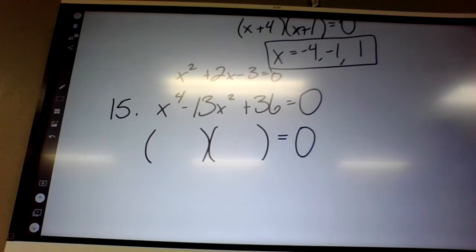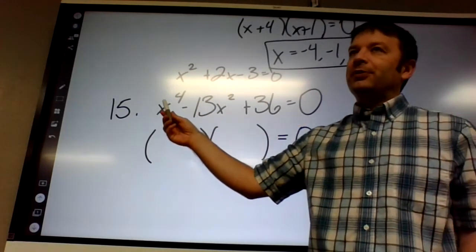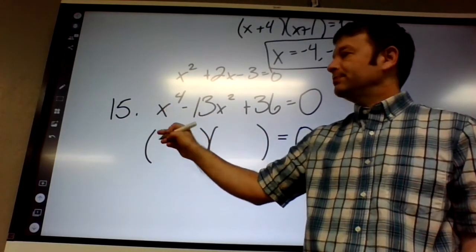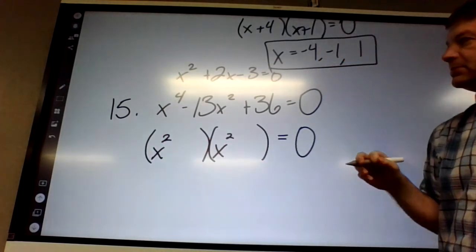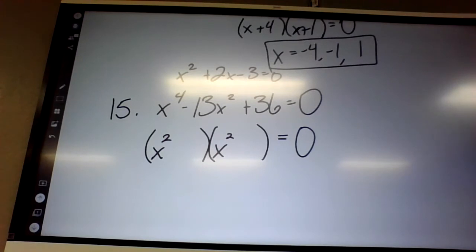Okay, so what goes into x to the fourth? x squared times x squared. For the back, what goes into 36 that adds up to negative 13? 3 and 12, does that add up to negative 13?